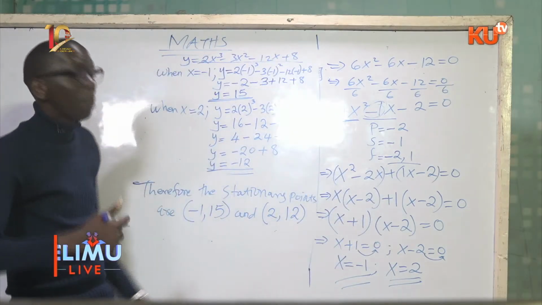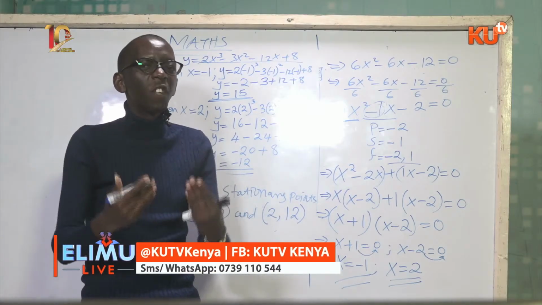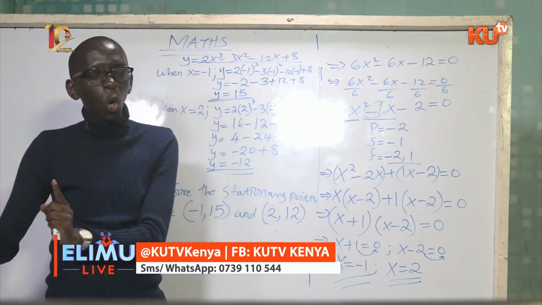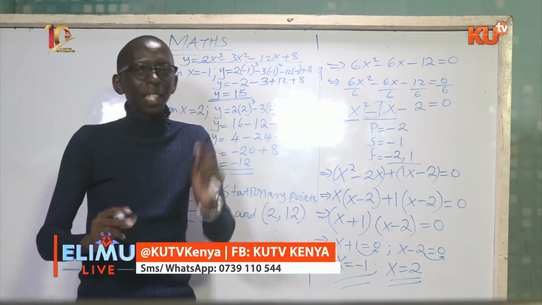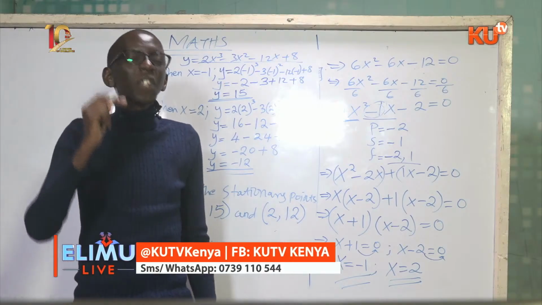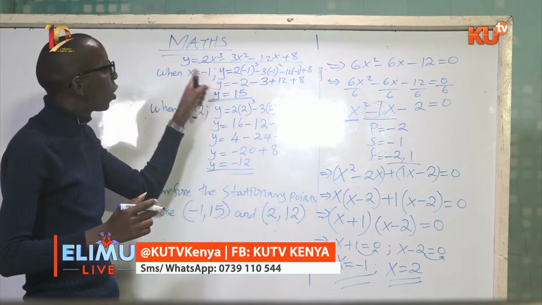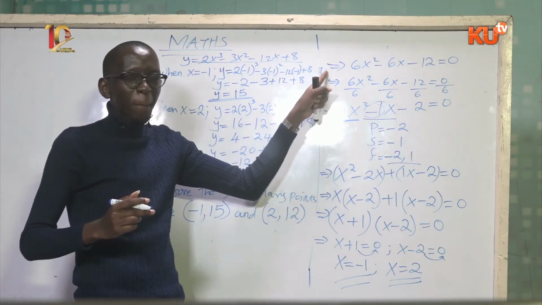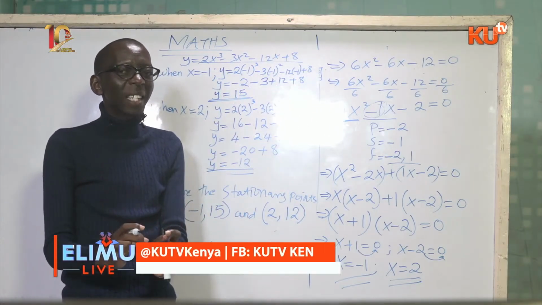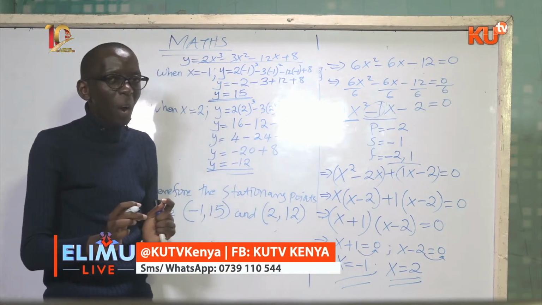The point is, differentiate, equate your derived function to 0, solve for x, get two values of x, and after getting the values of x, go to your original function of y, where there is x, substitute with the first value, get its value of y.